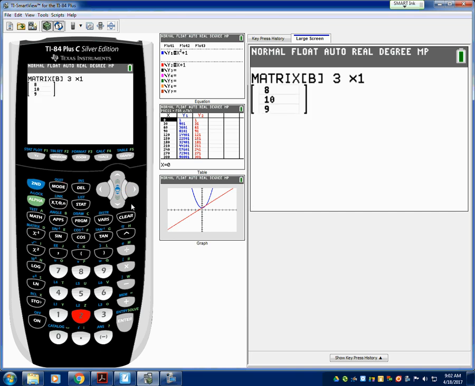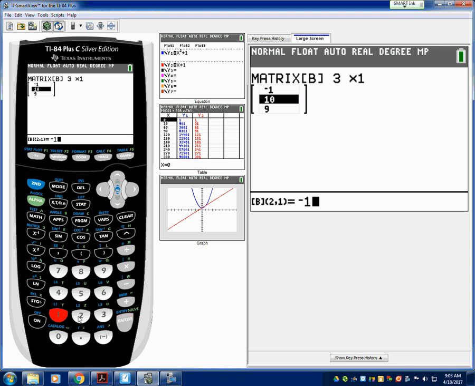This is the answer column matrix, and it will be negative 1, negative 12, and then the last term is 7. So we have our 2 matrices, matrix A and B, and let the calculator figure out the inverse of A and then multiply it by B for us. You got that entered in?